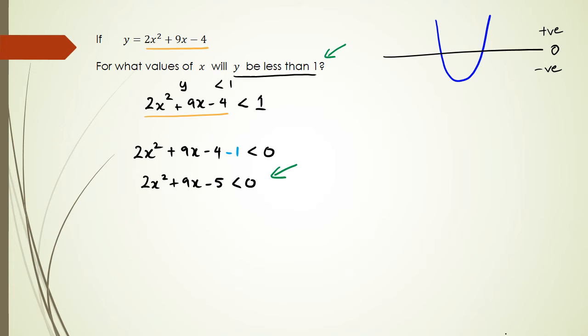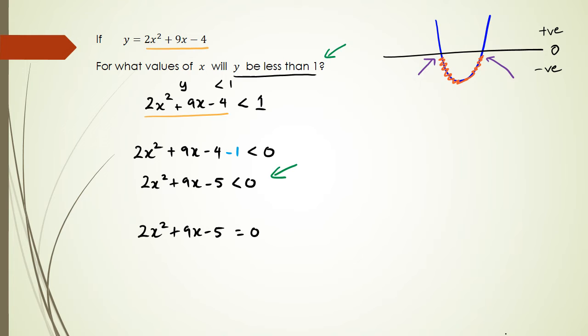So the zone we're looking for is this zone right here, and we need to figure out what these two purple points are. To do that, we replace this with 2x squared plus 9x minus 5 equals 0, and we're going to factorize and find what those two purple points are.